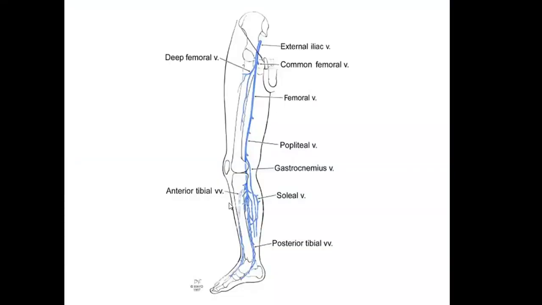So as you can see in this picture, this is the posterior tibial vein, anterior tibial vein, this is the popliteal vein, this is the femoral vein, and this is the external iliac vein.